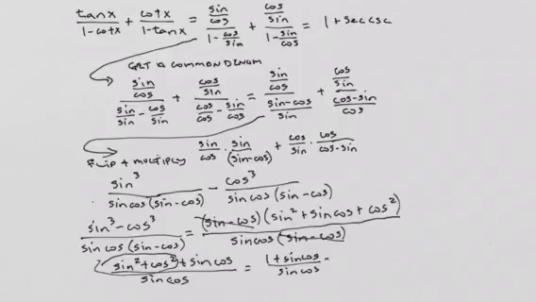And then I can turn that into two fractions: 1 over sine times cosine plus sine cosine over sine cosine. And this is equal obviously to 1.